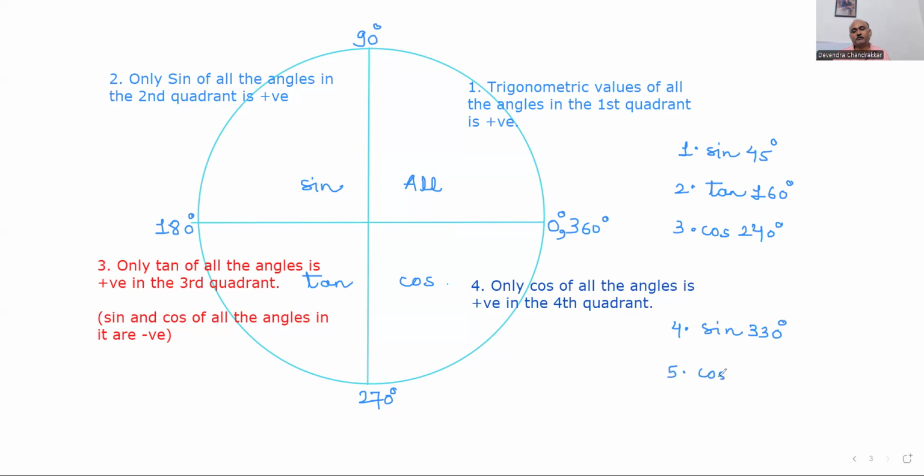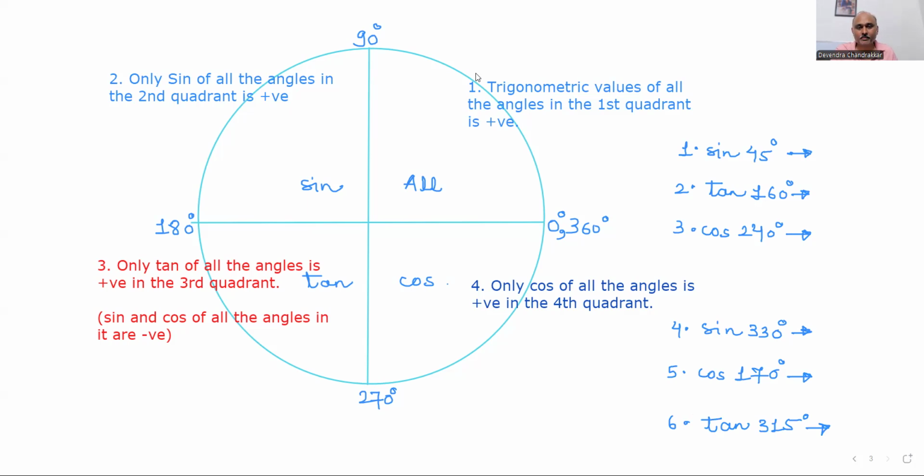Fifth is cos of 170 degrees. And sixth is tan of 315 degrees. Just mention whether these are positive or negative in the same sequence and type your answers in the chat window. चलिए. Note the slide. First of all, answer कर दो and then you copy the slide. Okay, make notes.